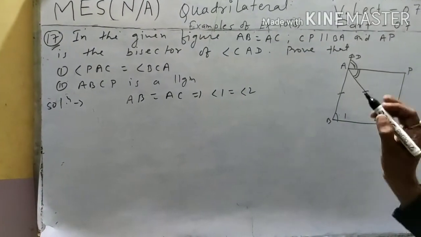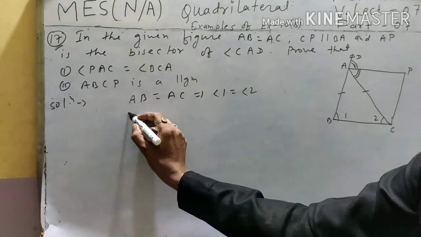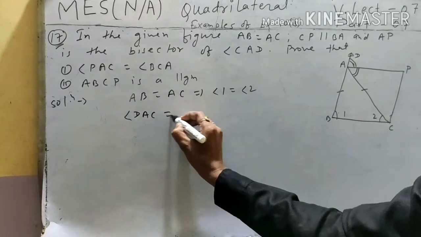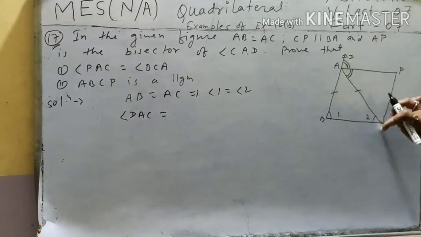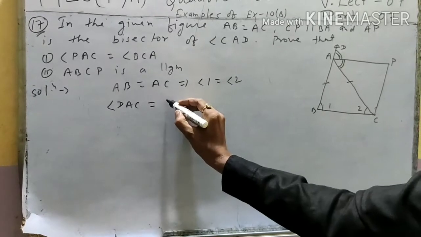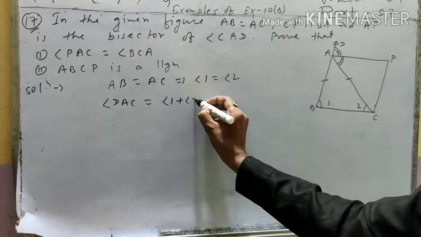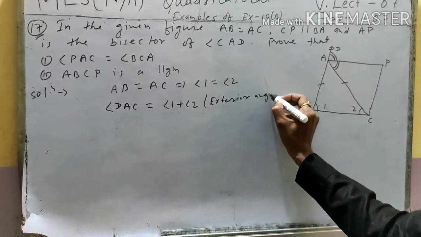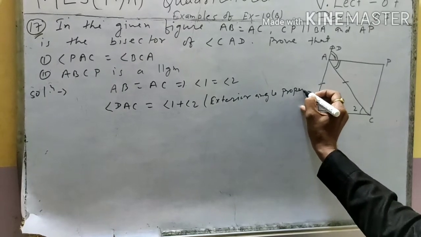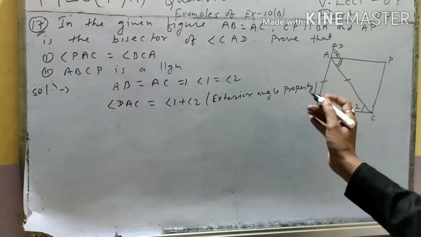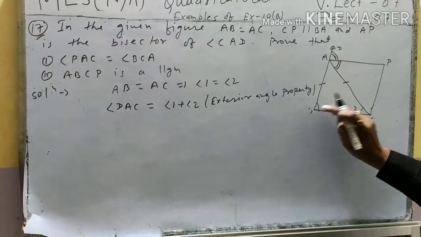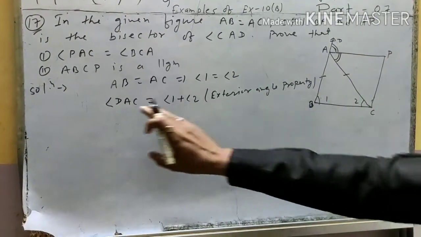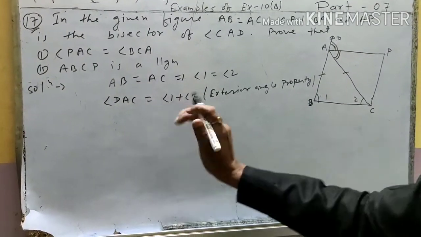Look at angle DAC. By the exterior angle property, we know that an exterior angle is equal to the sum of the two opposite interior angles. So angle DAC is equal to angle 1 plus angle 2.